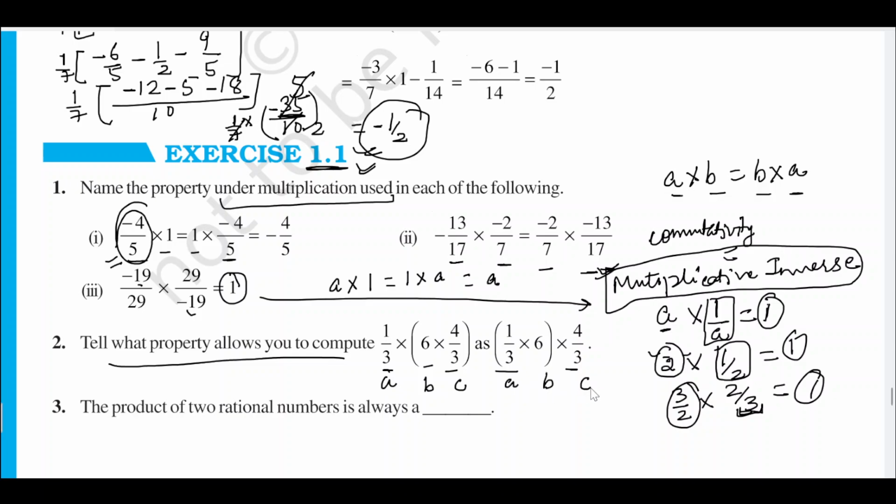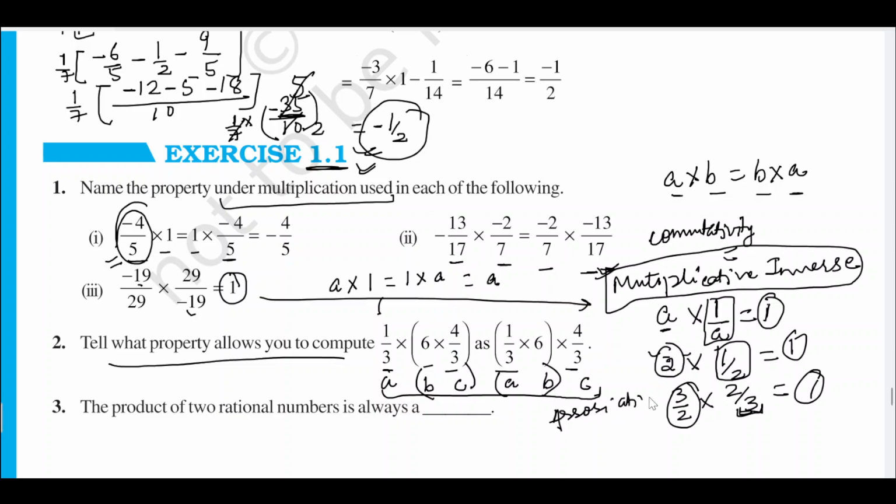If we designate 1 by 3 as A, 6 as B, and 4 by 3 as C, the position is not changing, just the bracket is changing. Here the bracket is between B and C. Here the bracket has shifted to between A and B. We are not using commutation, we are just changing their combination, their association. So it is the associative property.